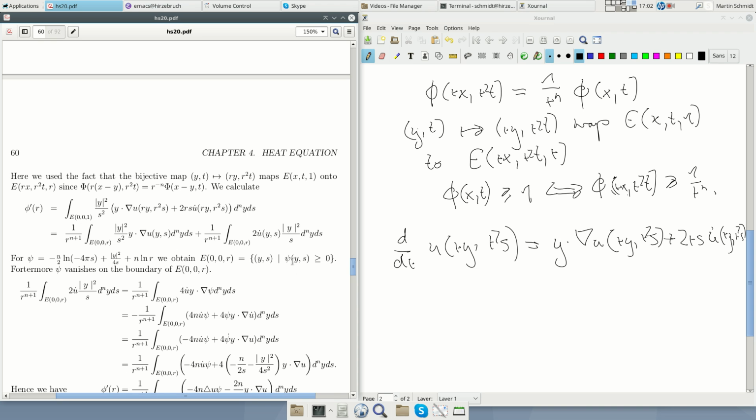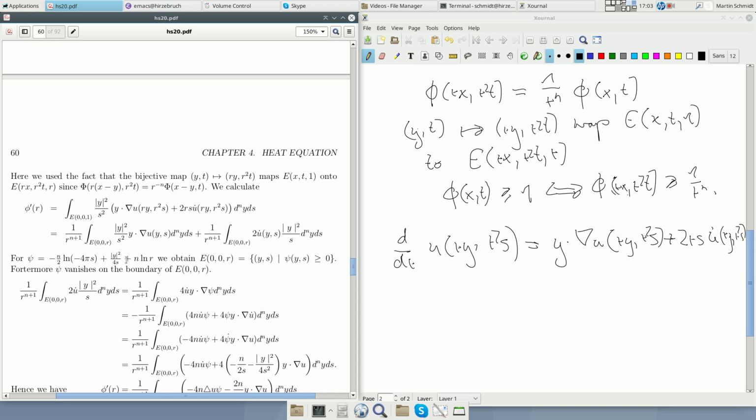Now this has the nice feature that this function vanishes at the boundary. Now we have these 2 terms, and now we only calculate the second term. What we have done from here to here, we just observe that we might write this term as the gradient of psi, y times the gradient.